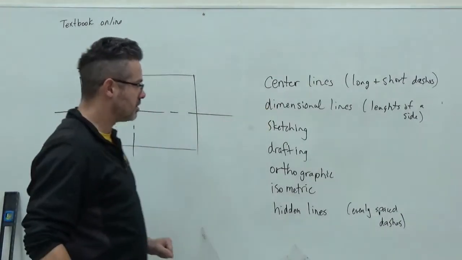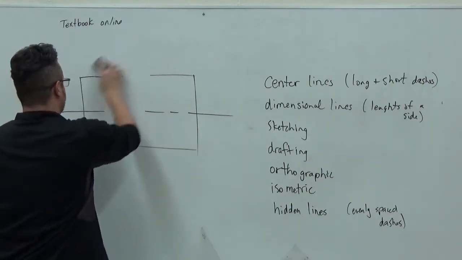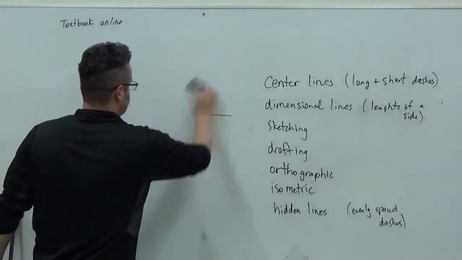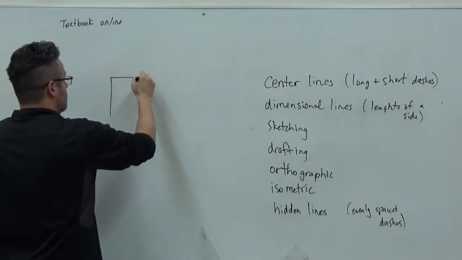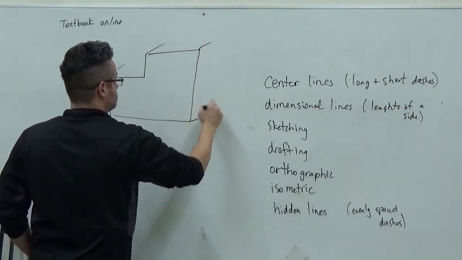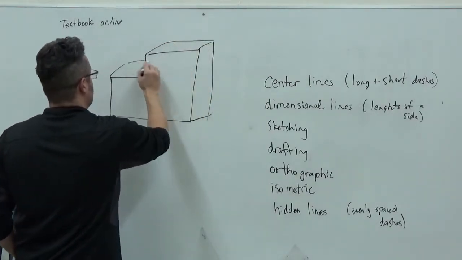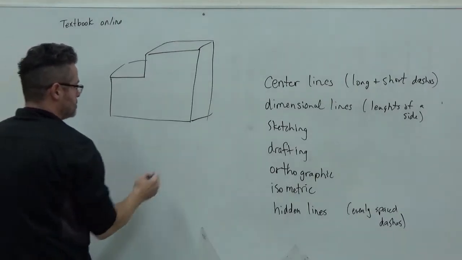Well, what are dimensional lines? You'll hear the term dimensional lines. A dimensional line represents the length of a side. Sometimes we will have a 3D shape, and we will want to create some dimension to it. We want to know what the dimensions are.